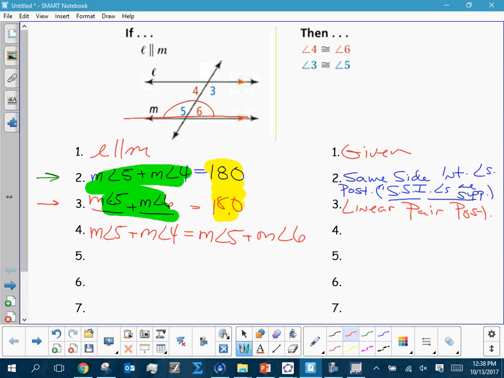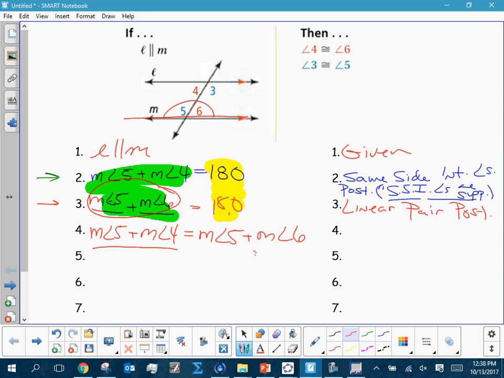What is that idea when basically I've rewritten line 2, where instead of writing 180 over here, I write what 180 was equal to in line 3? What is that when you replace something with what it's equal to?